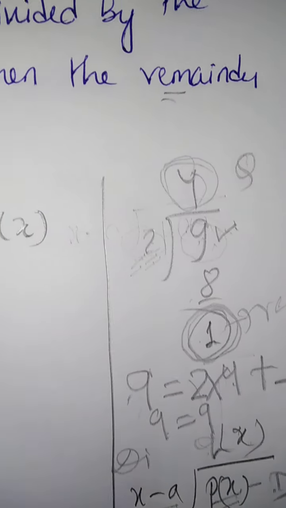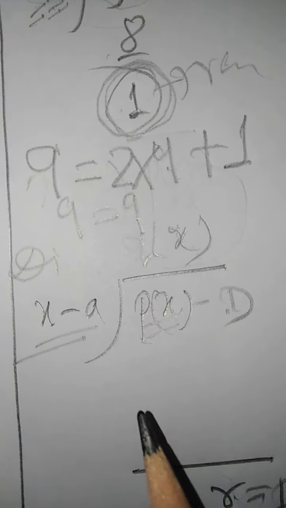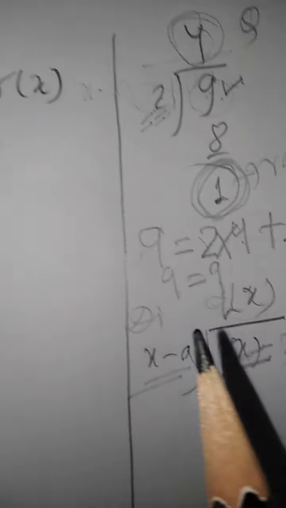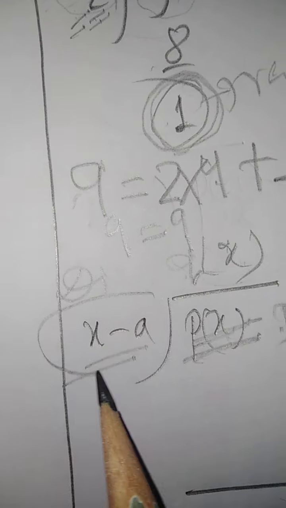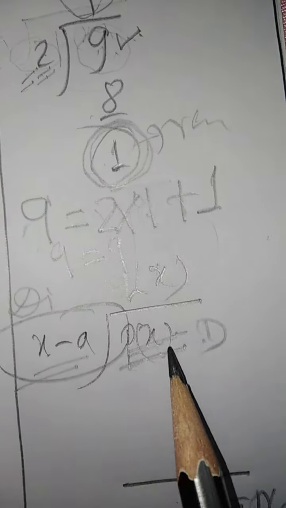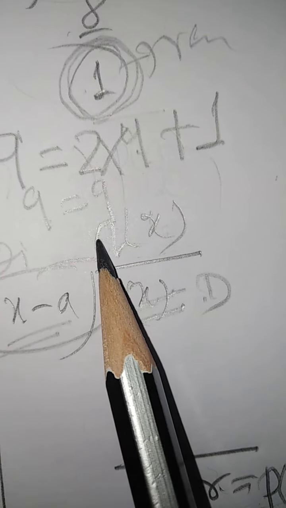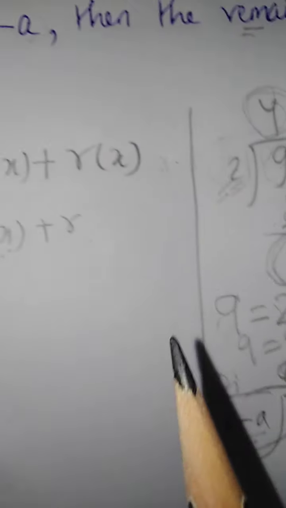This is the relationship between dividend, divisor, quotient and remainder. The same thing we'll use here. What is the dividend here? p(x). So p(x) is equal to the divisor x minus a, times the quotient q(x), plus the remainder r(x).